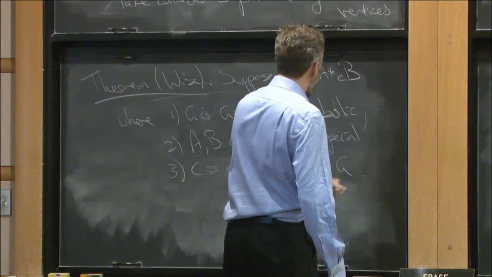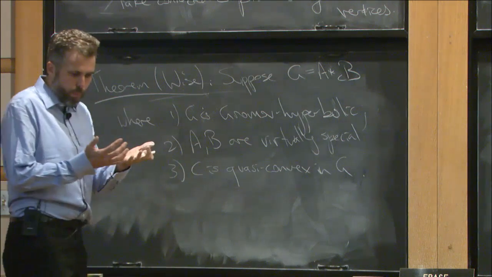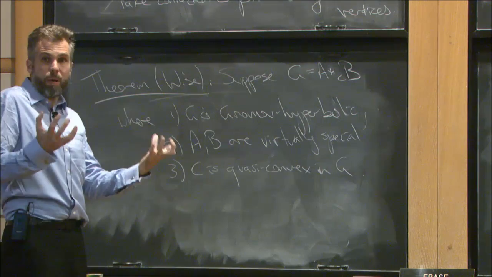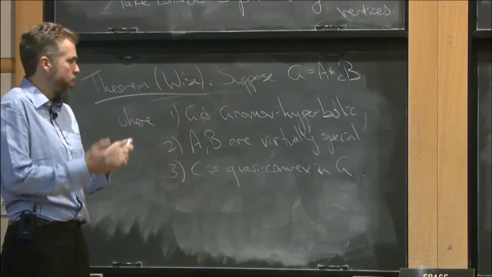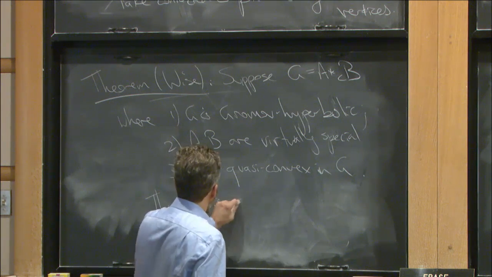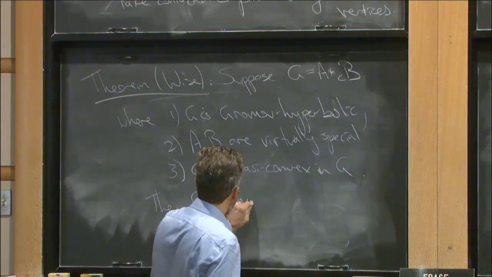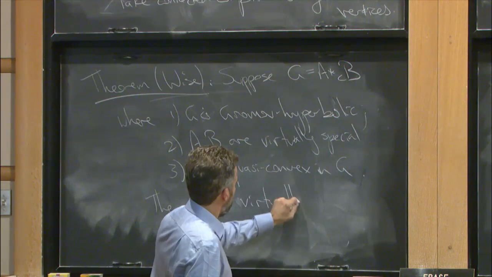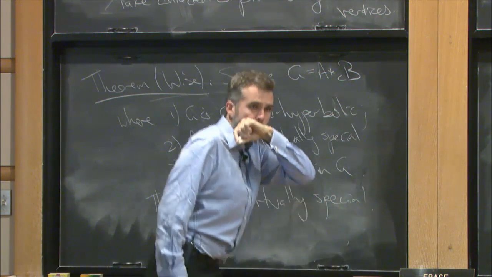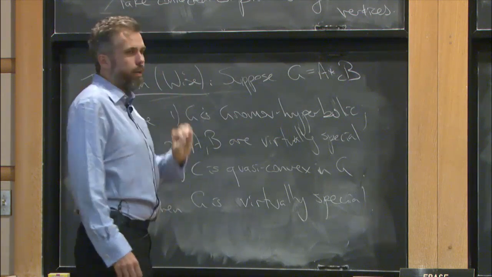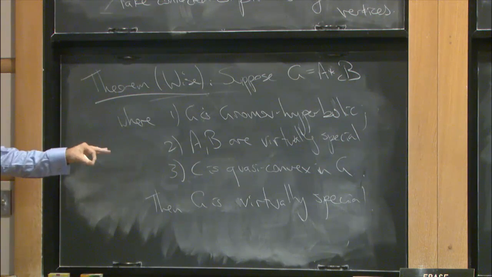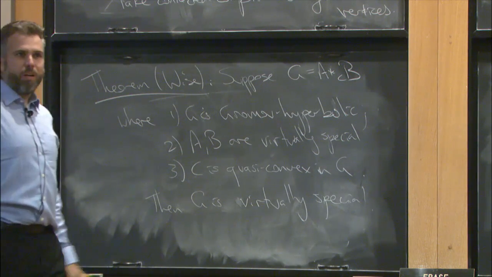Okay, so suppose we have that kind of setup. I've got my group G, and I managed to somehow split it as a graph of groups, and I understood the pieces, and I understood that it was a nice geometric gluing. So then G is virtually special. C being virtually special is implied by the hypotheses; I haven't told you why that should be true, I can talk to you about that later if you like.